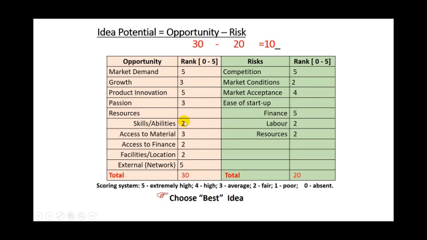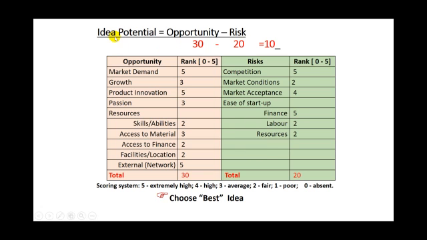So in this column here, the opportunity that you're seeing here, 5 plus 3 plus 5 plus 3 and so on, gives you a total of 30. And so too for the risk. So you add up all the scores given in the risk section, and in this case you get 20. And what you do for this particular idea is that you now have to look at the idea potential.